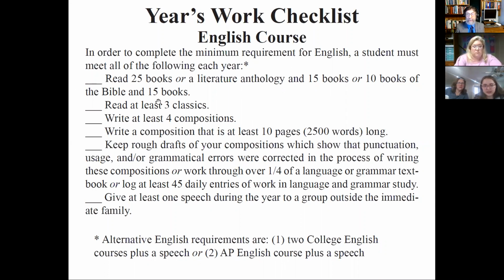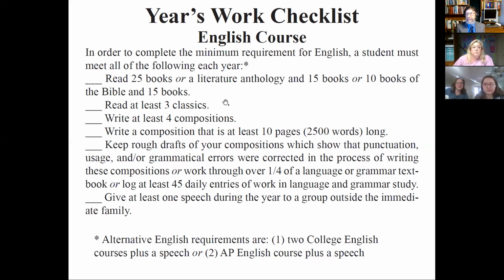That's a lot of reading. Turns out that the average homeschooler reads about 50 books, and that's one of the reasons why homeschoolers score so well on tests, because the more you read, the better your vocabulary, and the better your vocabulary, the better you score on tests. Among those 25 books, there has to be 3 classics.